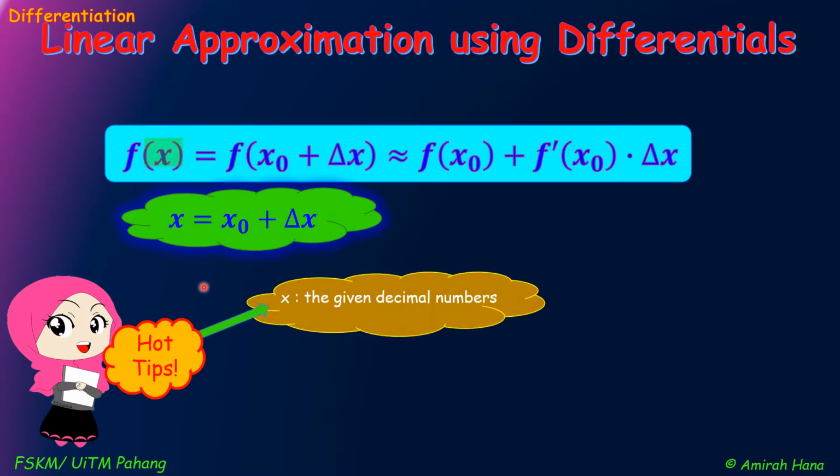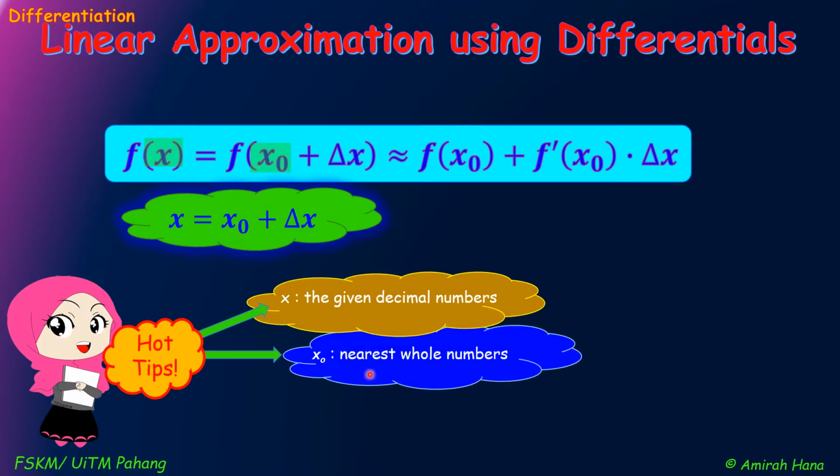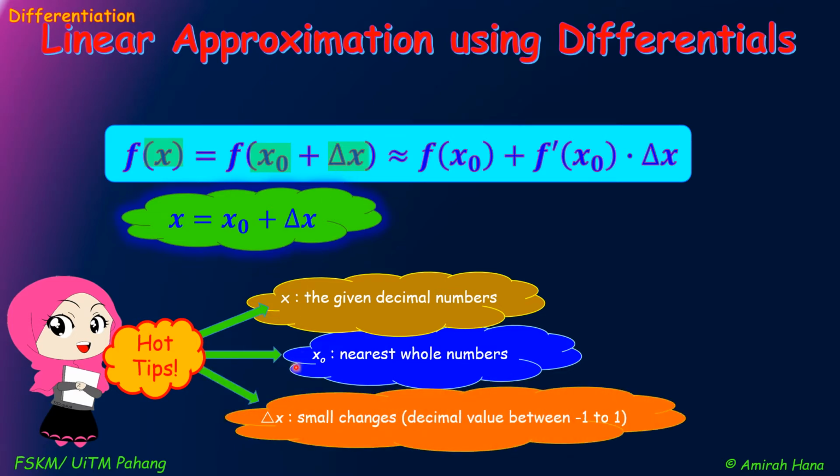X here means the given decimal number. X naught means the nearest whole number. And delta x means a small change, which is a decimal value between -1 and +1. Delta x can be a negative or positive value between -1 and 1.